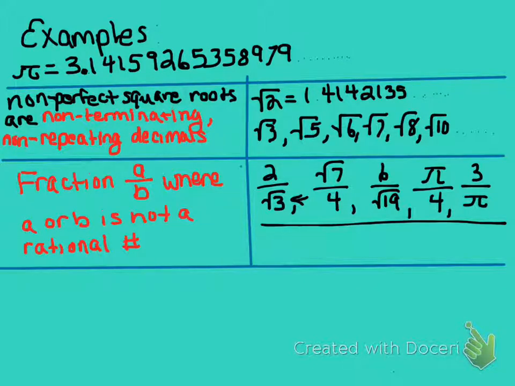So this is not a rational number. It is irrational. You look at all of these and you'll notice that every fraction has an irrational number in it. If the fraction has an irrational number as the numerator or the denominator, then it cannot be a rational number. It is irrational.